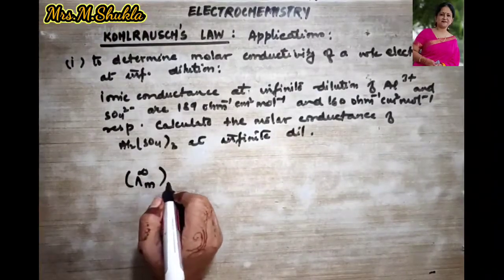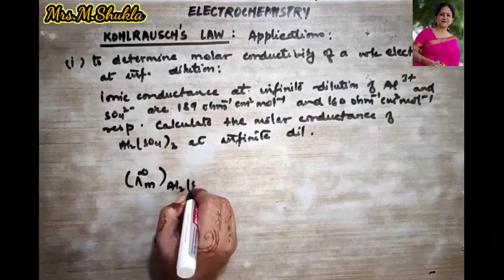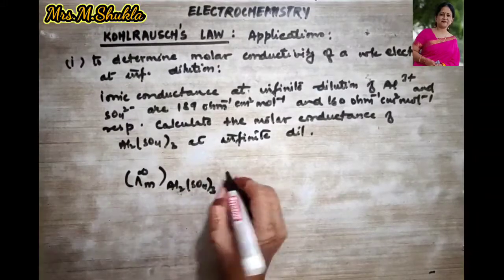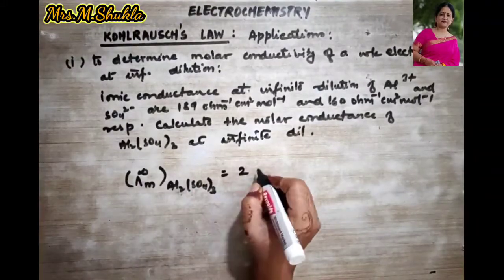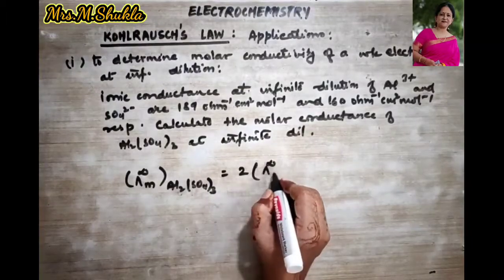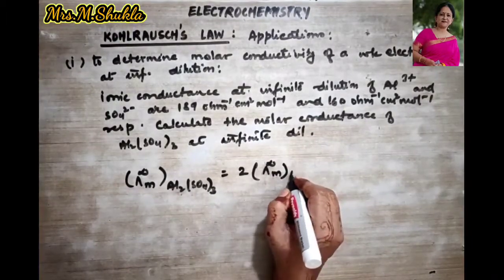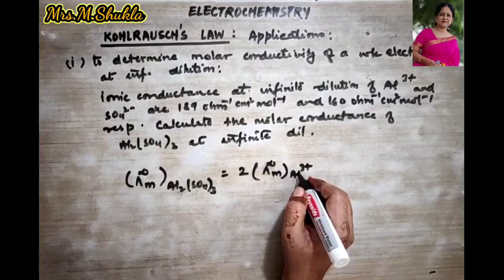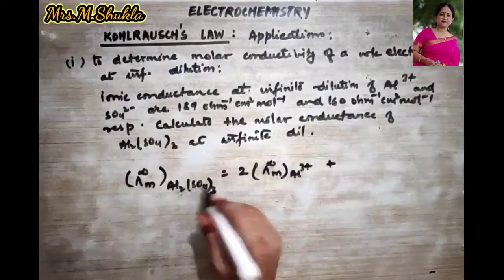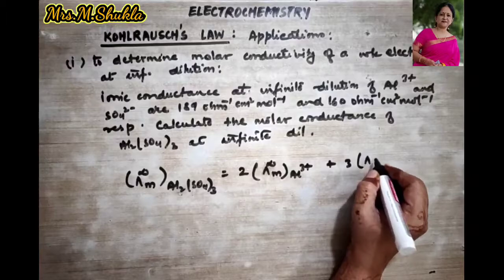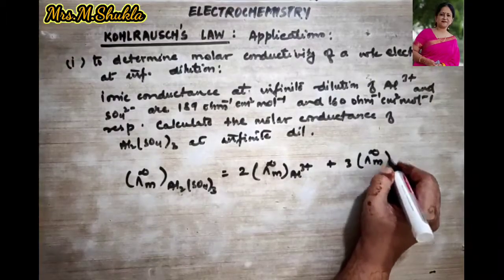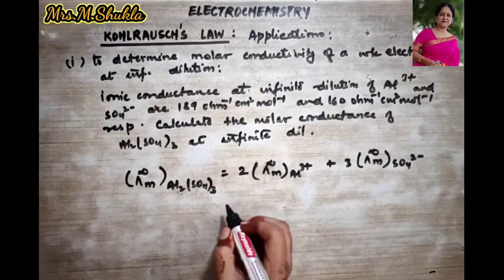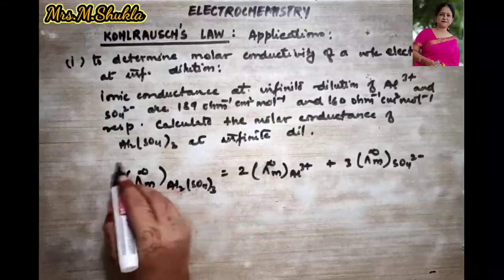The molar conductivity of aluminium sulfate at infinite dilution is equal to 2 times the molar conductivity of aluminium ion at infinite dilution plus 3 times the molar conductivity of sulfate ions. So now let's find out the molar conductance of aluminium sulfate.